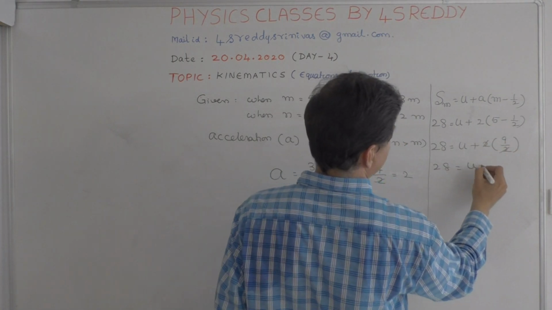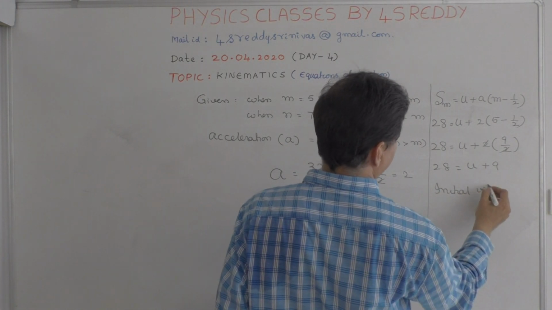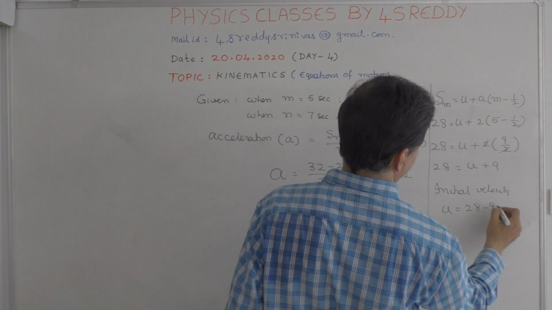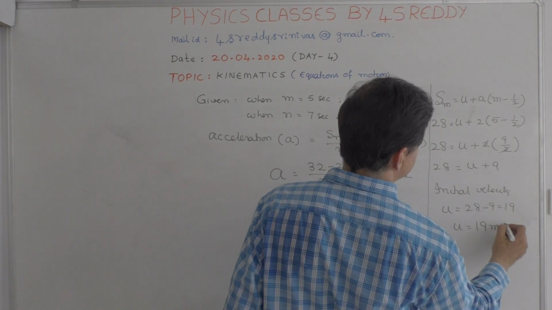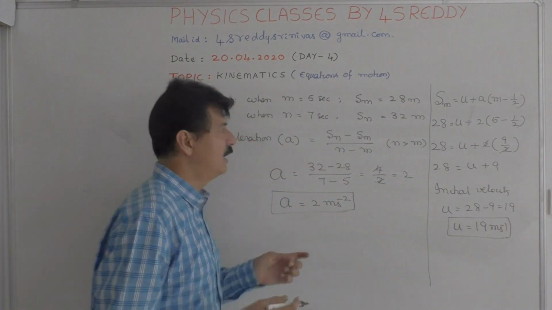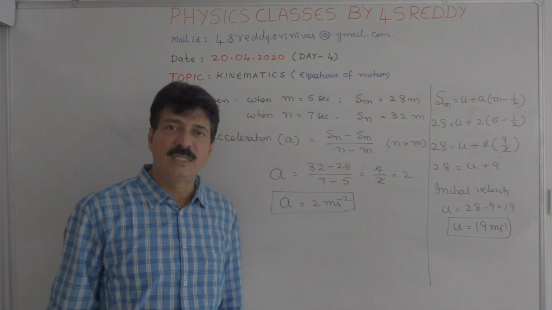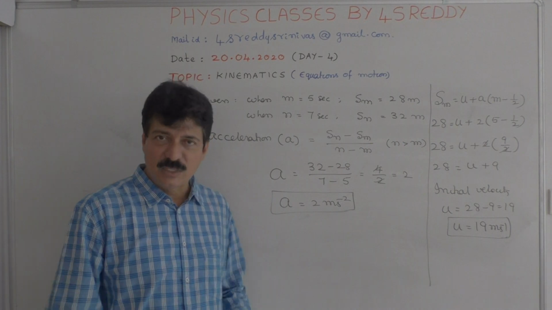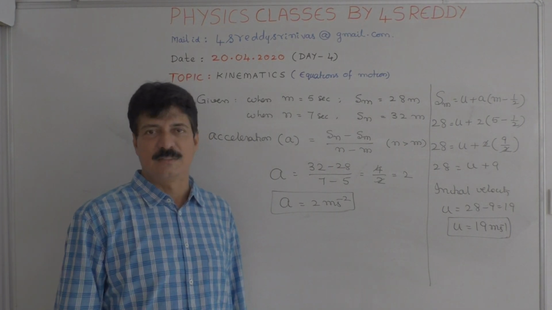Therefore 28 is u plus 9, therefore initial velocity u is equal to 28 minus 9, 19. So 19 meters per second. So directly you got the answer. First you can easily calculate the acceleration, and after that you can calculate the initial velocity, so that you can save some time by knowing the general solutions.